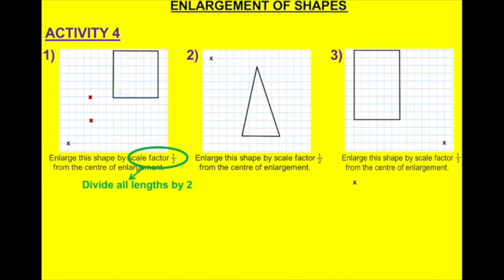And you do the same thing to the other points. So that's 12 and 6, which becomes 6 and 3. And this one is 12 and 12, which becomes 6 and 6. All right, and we connect the dots to get the image.